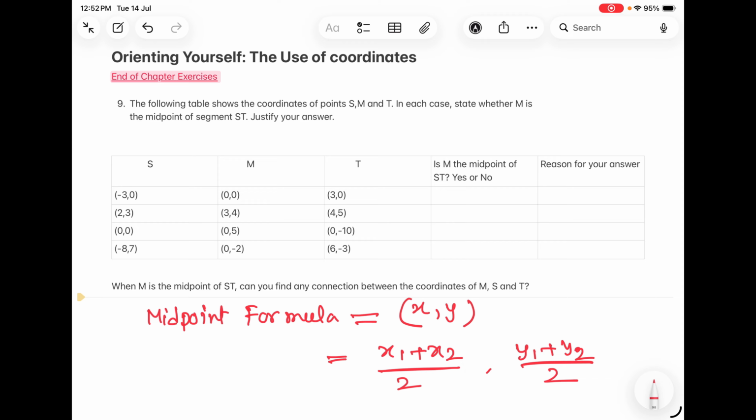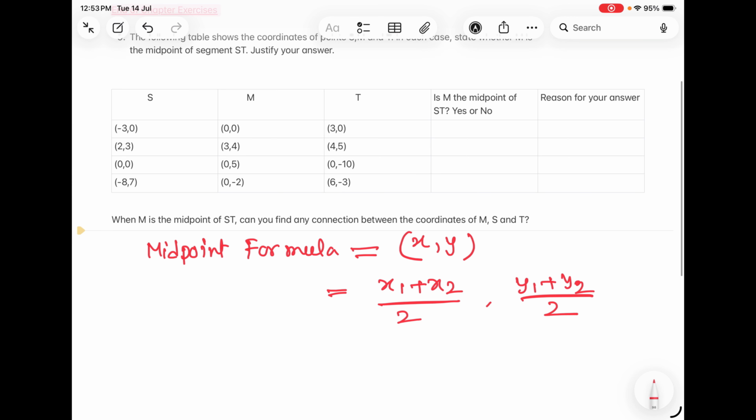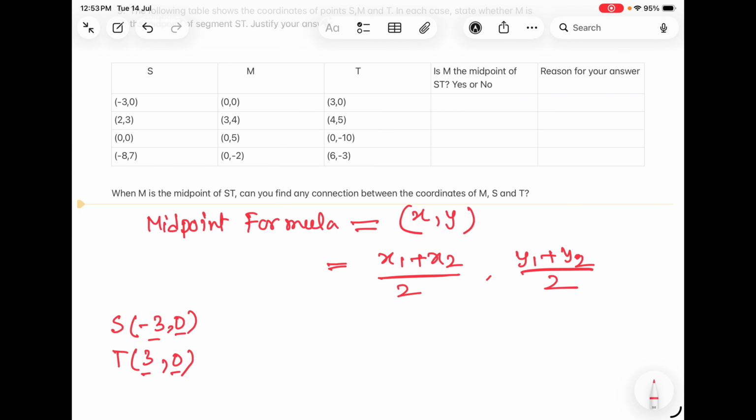Three points are given in the first question: S, M, T. You have to check whether M is the midpoint of segment ST or not. In the first, S is given as minus 3, 0 and T is given as 3, 0.